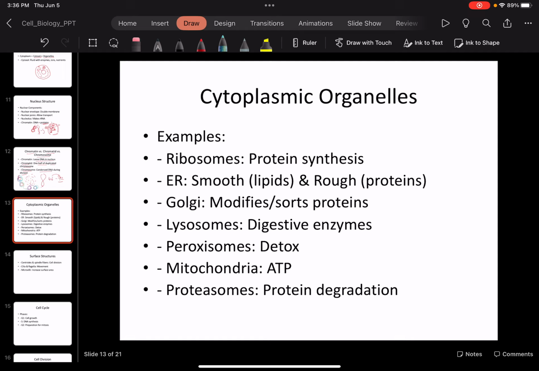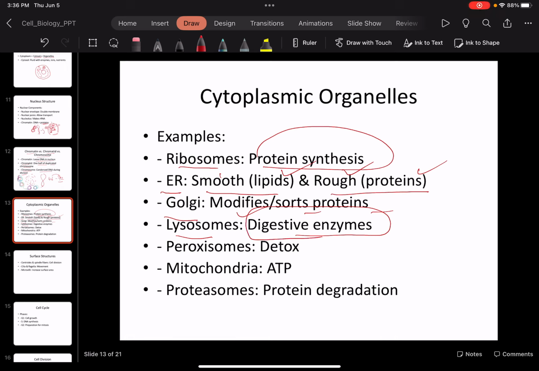Then the cytoplasmic organelles, I mentioned those, you can read it. Ribosomes do protein synthesis. ER has two different types, rough and smooth. Rough makes protein, smooth makes lipids. Golgi modifies the protein. Lysosomes have digestive enzymes to break down cell debris and things.